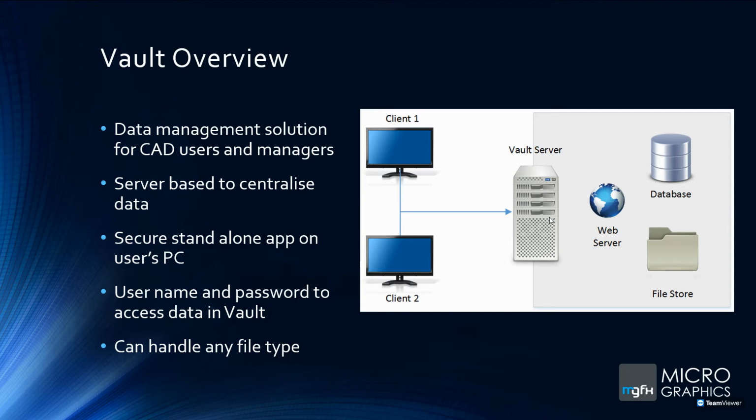The file store is literally where all of your part files, your assemblies, all of the CAD and non-CAD data that you load into Vault is kept. That's generally the largest portion of the Vault, depending on how much data you put in. I know customers where their file store is reaching 2 terabytes worth of data, if not more.